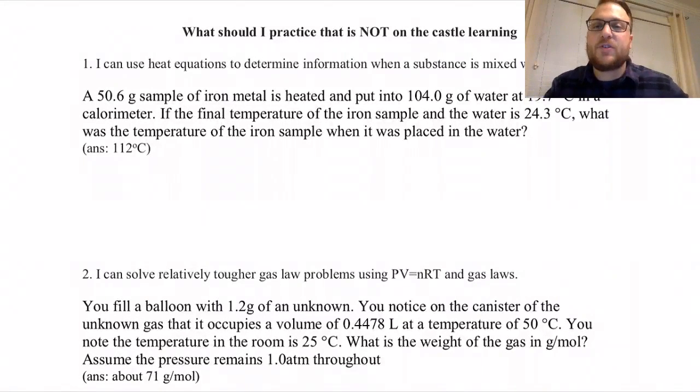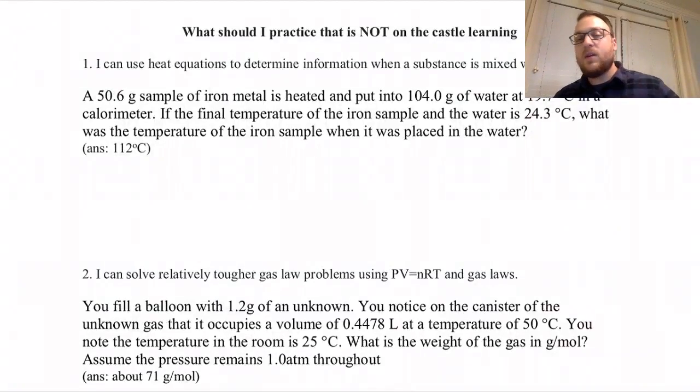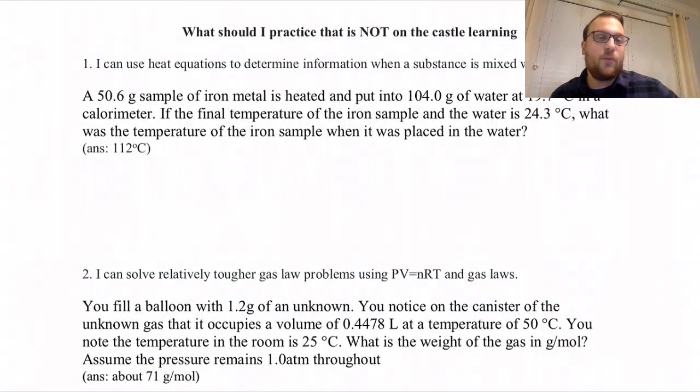So the first one, you should be able to use the heat equations, any of them, to potentially figure out information when you mix a substance with water. So that substance could be anything. Could be ice, could be a totally different substance, could be a metal. I made a little boo-boo on question 1 here. I did not give you the specific heat of iron to solve this problem. You could always just Google that from home.